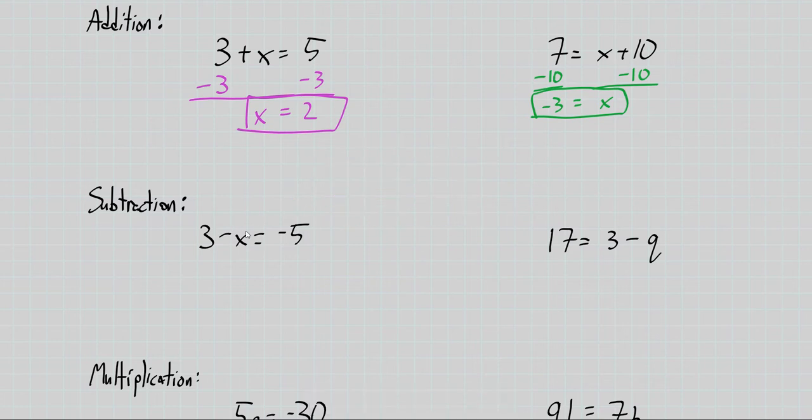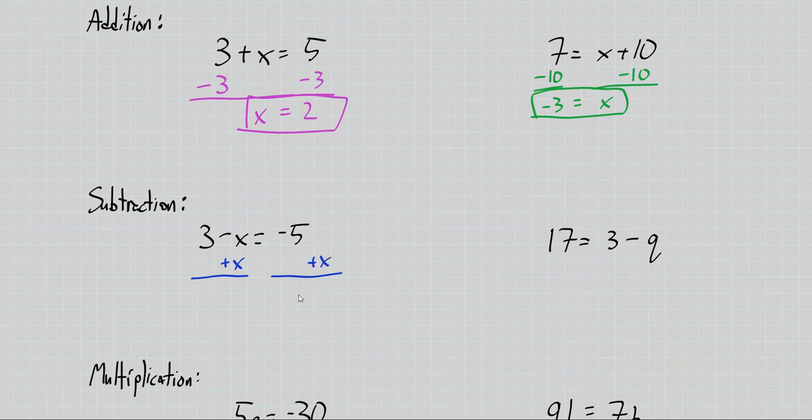So I want my x to be positive. This negative x is not positive. If I make it to be positive, there's a few ways I can do that. One way I can show that, I can add x to both sides.